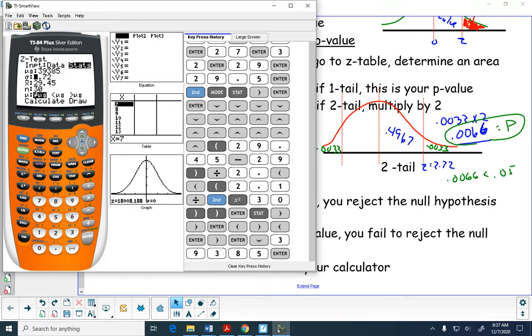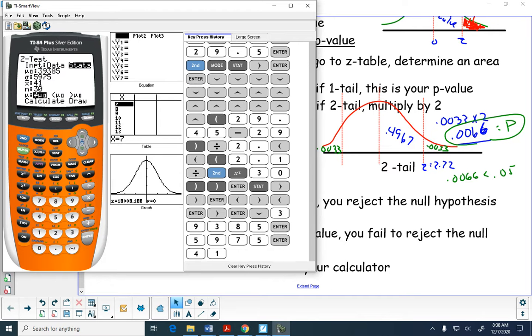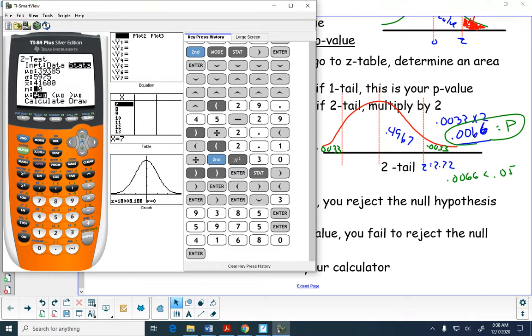Our standard deviation is 5975. So I'm going to add in the 5975 and hit enter. Our sample mean is 41,680 and hit enter. Our sample size is 50.